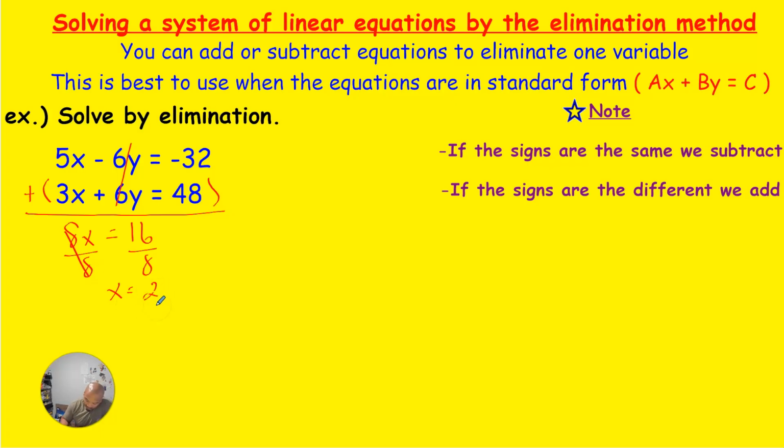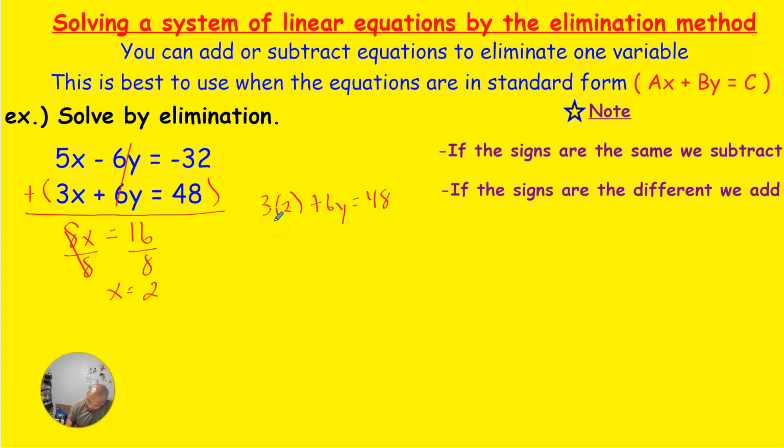All right, now that we have x equaling 2, we're going to take this 2, and we can substitute it into any one of these equations. You could pick which one you want. I'm going to pick the second one, and we wind up with 3 times 2 plus 6y is equal to 48.